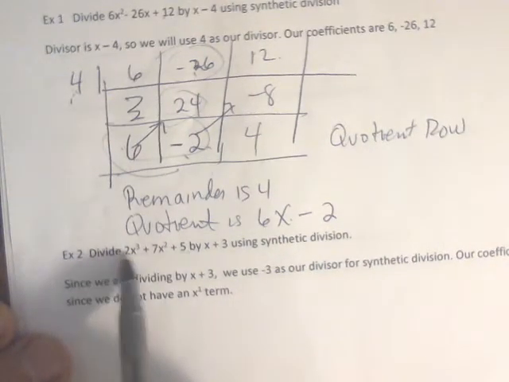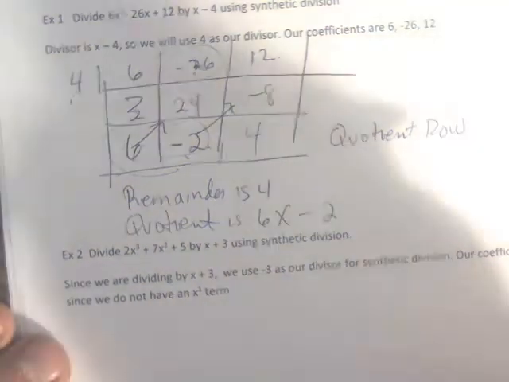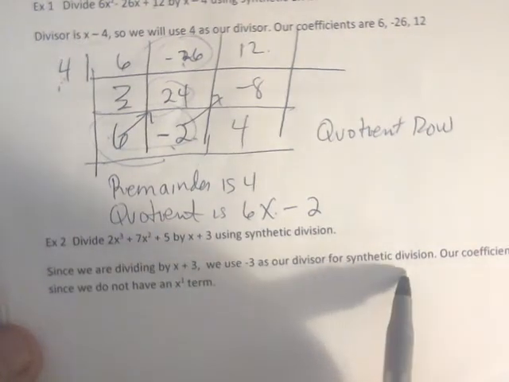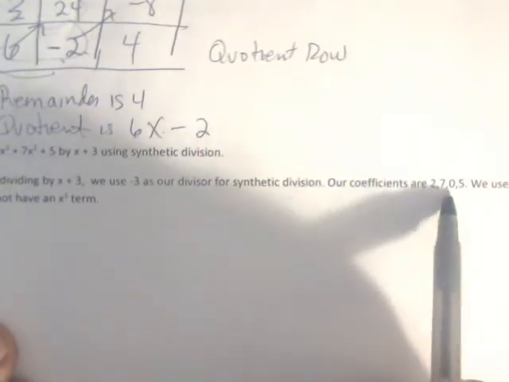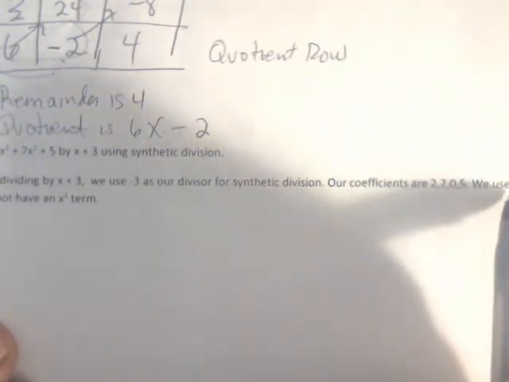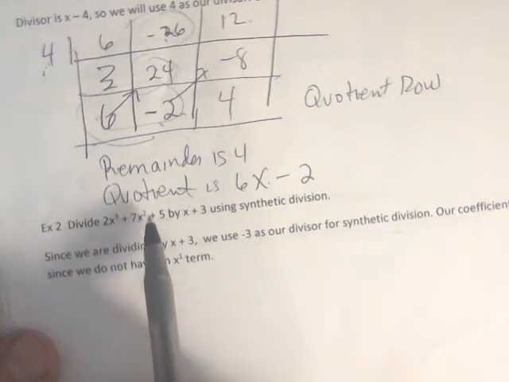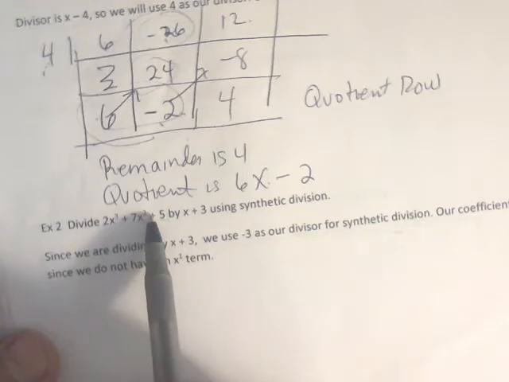Let's look at another example. I want to divide 2x cubed plus 7x squared plus 5 by x plus 3 using synthetic division. Again, we use -3 as our divisor, and our coefficients are 2, 7, 0, and 5. We use the 0 since we do not have an x term. I have an x cubed and x squared, but no x, so I have to account for it.